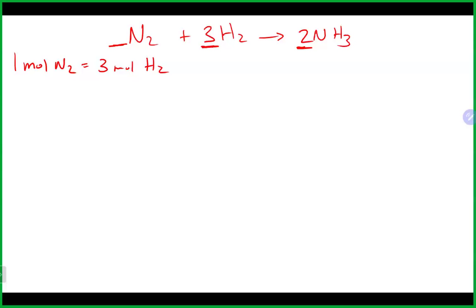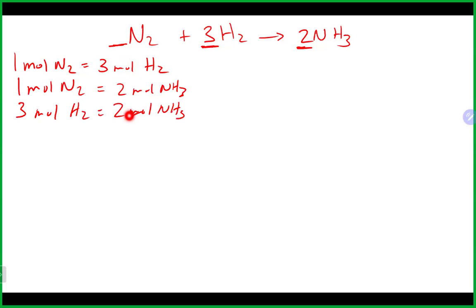I think we talked about last time it's proportion wise, what you need to toss into that equation to get it to work right. We could also say for every 1 mole of N2 we put in there, we get out 2 moles of NH3. And we could also say that for every 3 moles of H2 we put in there, we get out 2 moles of NH3 as well.